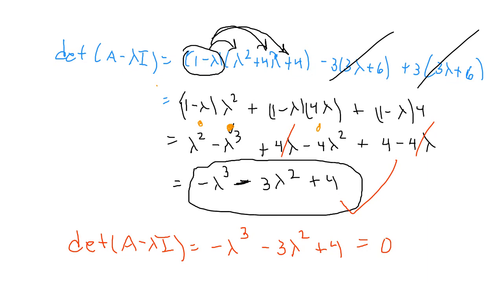How many remember solving polynomial equations like this in pre-calculus? Do you remember where you had to use the rational root theorem? It's not a quadratic equation, so you can't use the quadratic formula. It's a third degree polynomial equation.